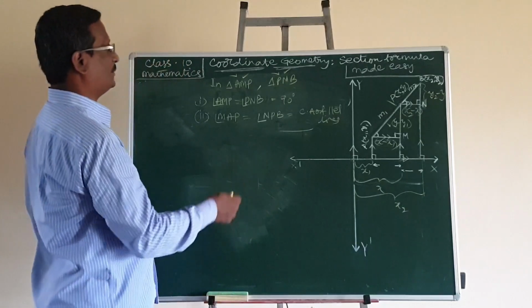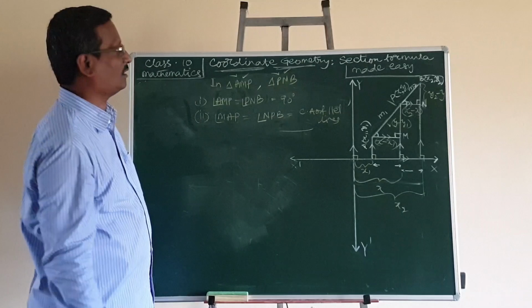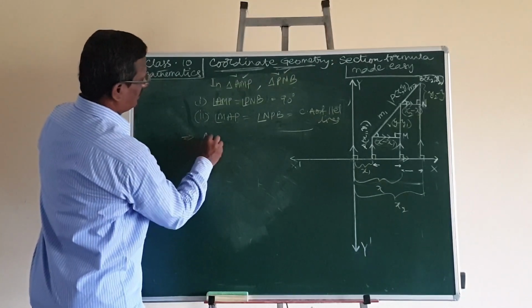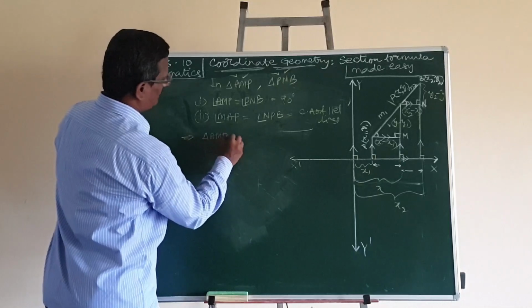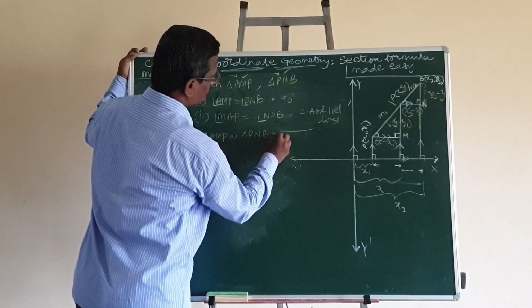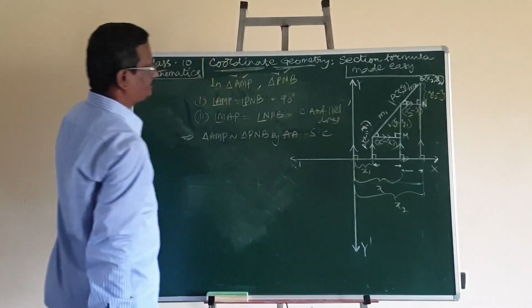The property of similar triangles: when you apply it, the corresponding sides of similar triangles are proportional. Here I will state that triangle AMP is similar to triangle PNB by AA similarity criteria.